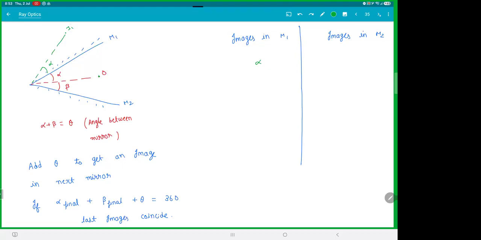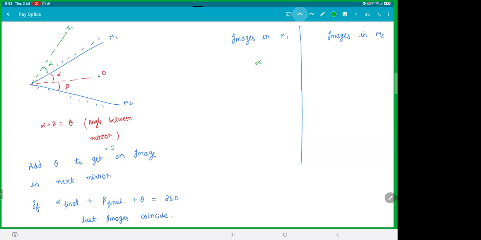Next thing. Now, what will this I1 do? This I1 will try to form an image in M2. But what is the angle between I1 and M2? The angle between I1 and M2 is alpha plus beta, which is alpha plus theta. So I1 will form an image in M2, somewhere here, I2, where this angle will be alpha plus theta. You're getting it? It'll form on the other side.